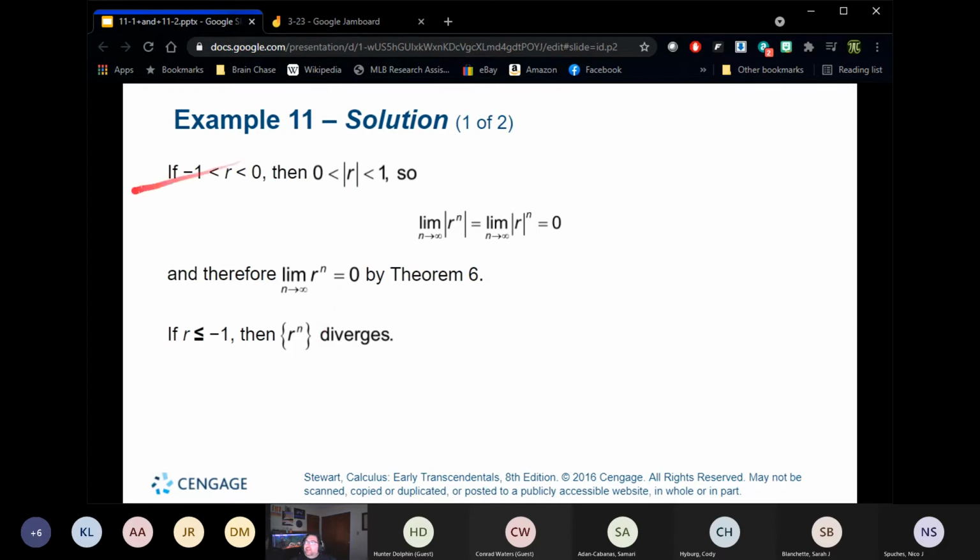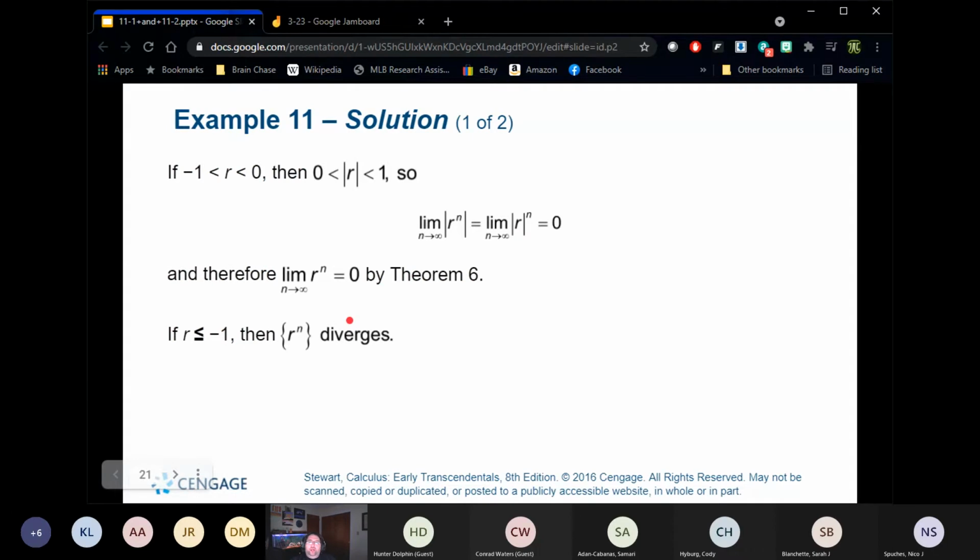So 0 to negative 1, if we take the absolute value of that, those are also going to equal 0. So because of that theorem we looked at before, where as long as the absolute value of that comes out to be 0, then those are also convergent. And the same thing happens if it's less than negative 1, then it's also going to be divergent.